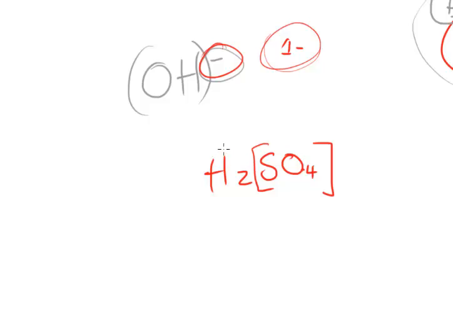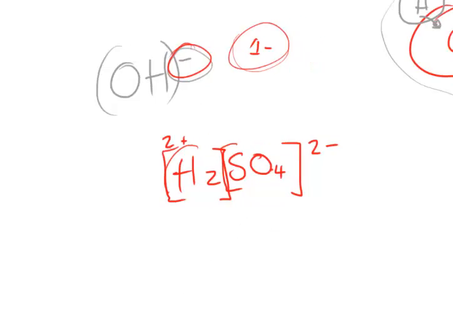Like these two H, if we imagine them to be H plus ions, and this is overall neutral, this would presumably have an oxidation state of 2-, since it has to balance out the 2+ over here. And so if we were asked to find the oxidation number of SO4, it would be 2-. So that's basically the idea of oxidation numbers.